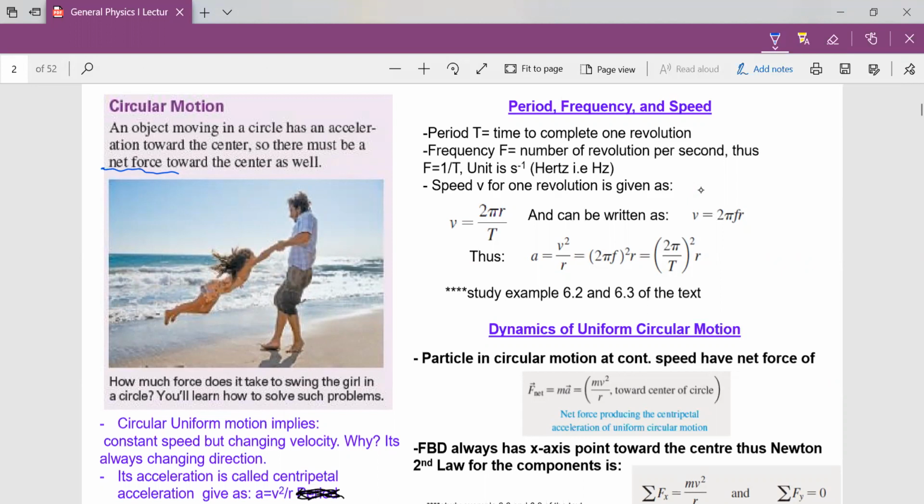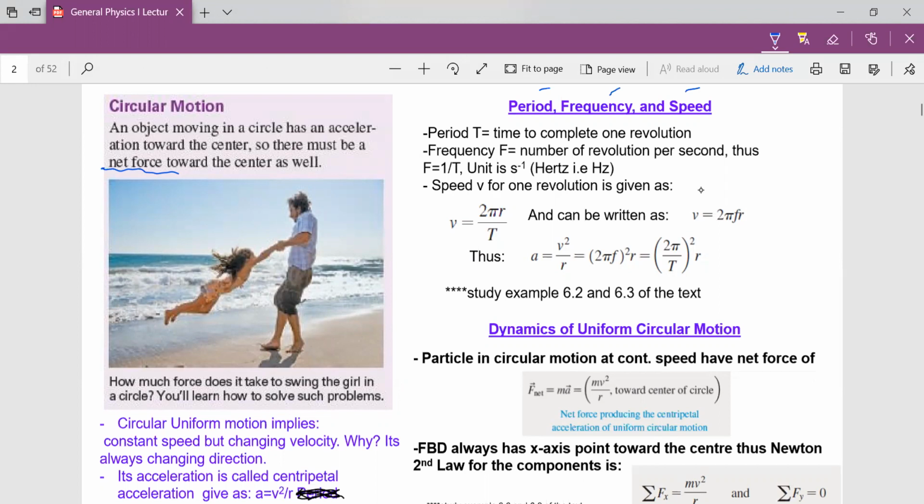The terms period, frequency, and speed. Now, the definition of what we know period, frequency, and speed to be did not change, okay? We know what period is. Period is represented with the capital letter T, and it simply means the time to complete one revolution.